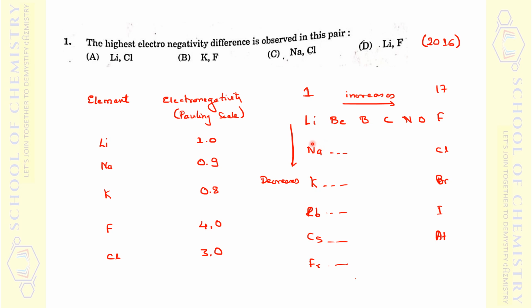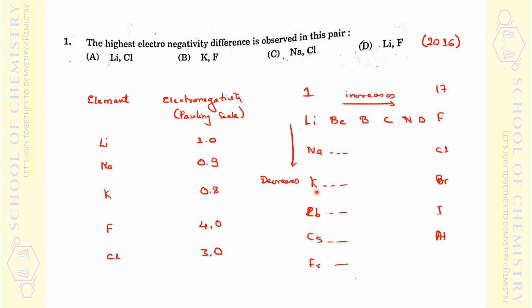See, now I have partially represented the periodic table. Starting from lithium, if we go in this direction, we know that the electronegativity increases along the period, and down the group it decreases. This fact we know, right? So from that we can say that the top right-hand corner of the periodic table comprises more electronegative elements, and the left bottom corner comprises elements with relatively less electronegativity, right?